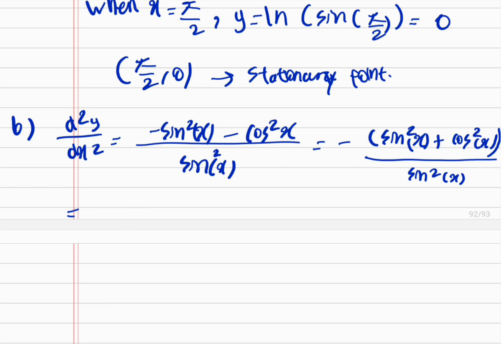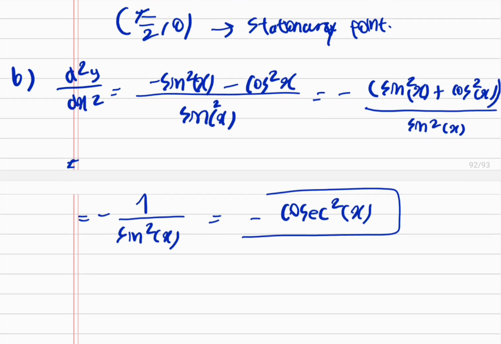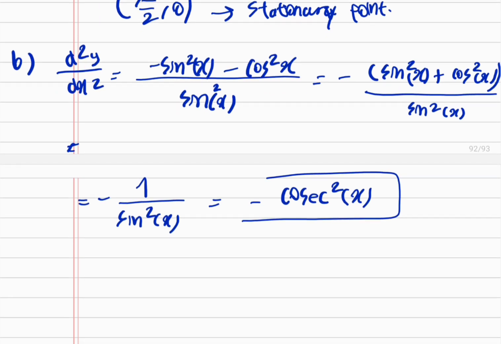And just remember that 1 over sine x is cosec x. So this can be rewritten as minus cosec squared x. All right, so this is the second derivative.